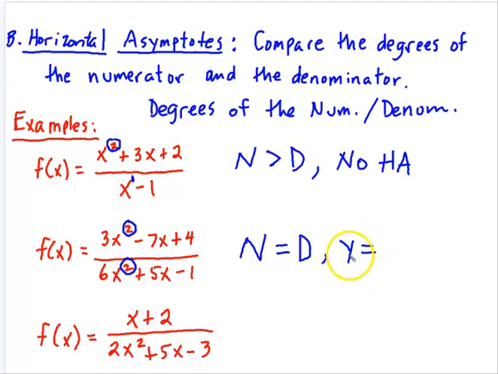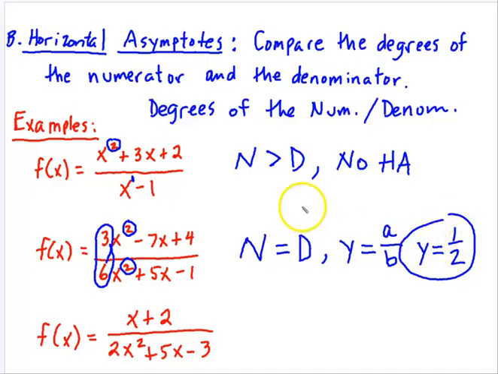You're going to have a horizontal asymptote that will be the fraction a over b. And what I mean by a over b is if you just look at these lead coefficients, you're basically going to make an equation using the top coefficient over the bottom coefficient. So in this case, I'm going to have a horizontal asymptote that will be the line y equals 1/2. That's 3/6 reduced.